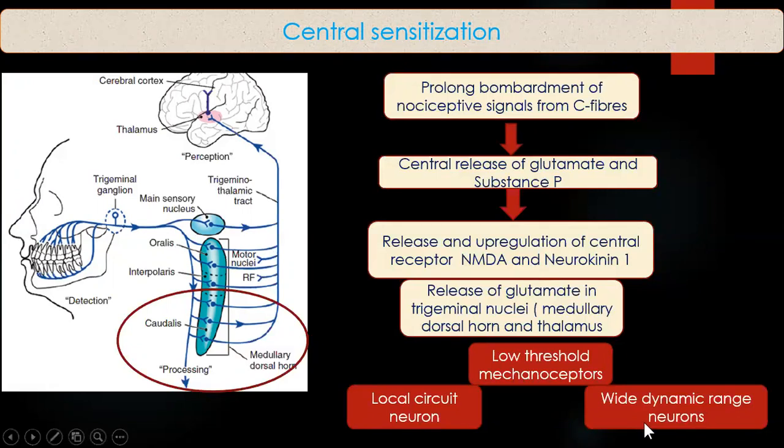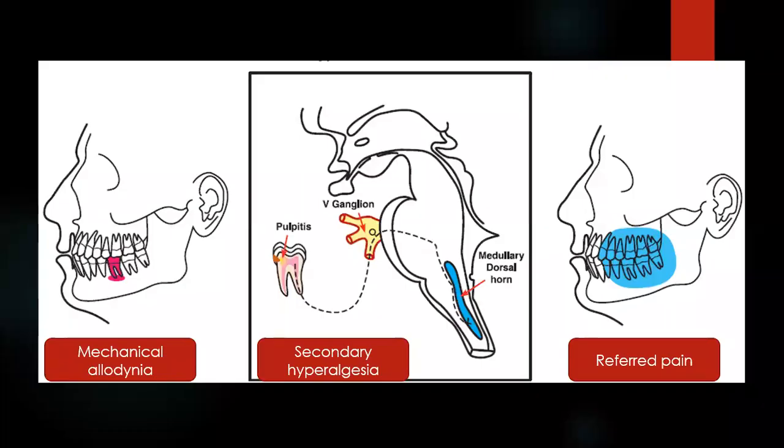Now, these dynamic neurons supply the superficial part, and they stimulate the deep part. Whenever they supply the superficial part, the pain is usually localized, and as they receive repeated input, the pain affects the deeper areas of the tooth as well, so both the superficial and the deeper areas are affected.